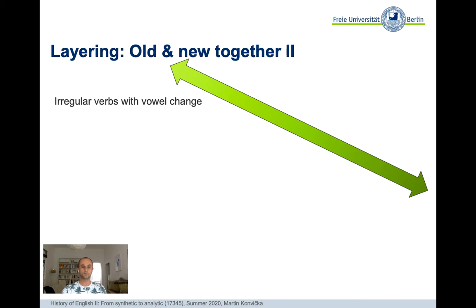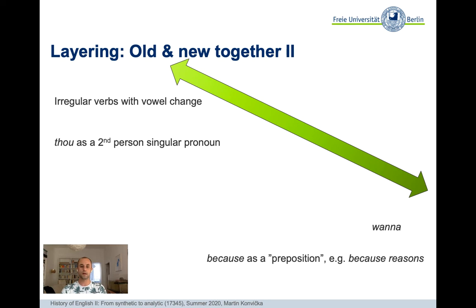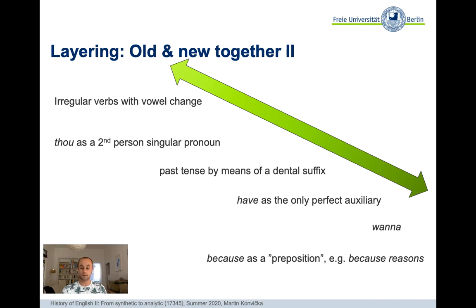So in English, we have, for example, a very old layer would be irregular verbs with vowel change, right? So sing, sang, sung, things like that. On the other hand, we also have very new developments, such as the new because in constructions such as because reasons, because politics, and so forth. And then we have in between different things that coexist at the same time, right?